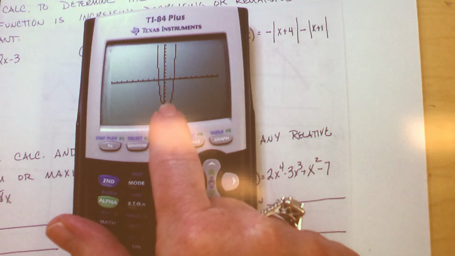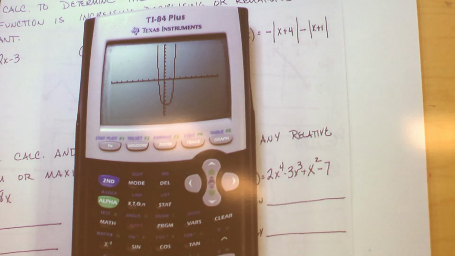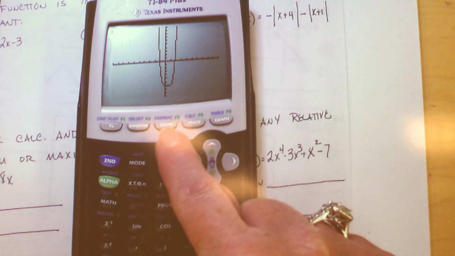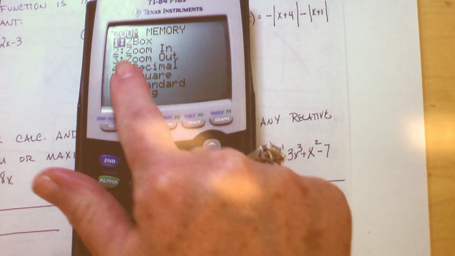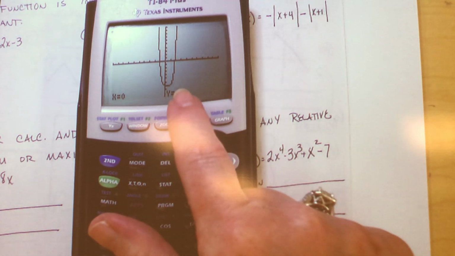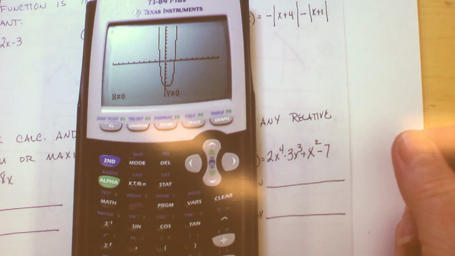Do you know how to zoom into this area? Yes or no? Okay, so I'm going to show you how. See the zoom button? Zoom, and 2 is zoom in, so I'll press a 2. Now, he did not zoom in anywhere. He's asking you where you would like to zoom in. So when I did that, he's popped up a little plus sign in there.